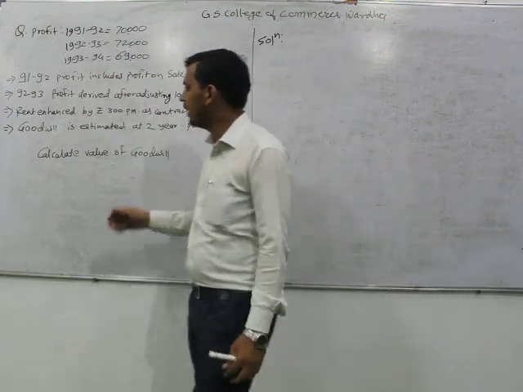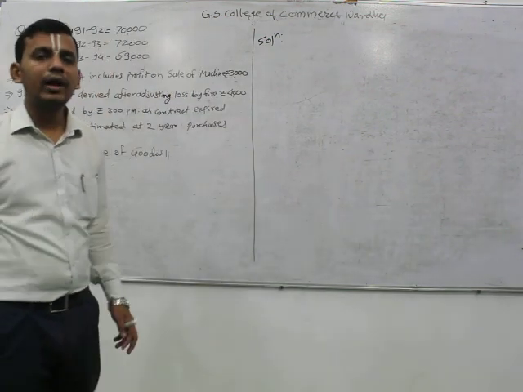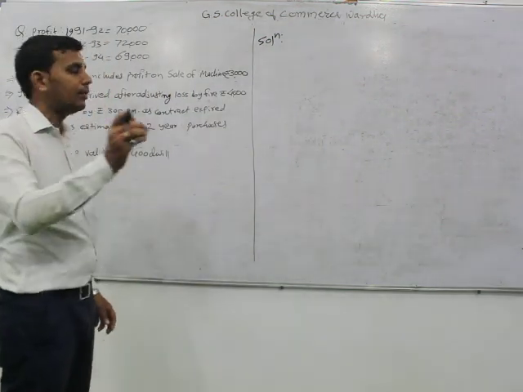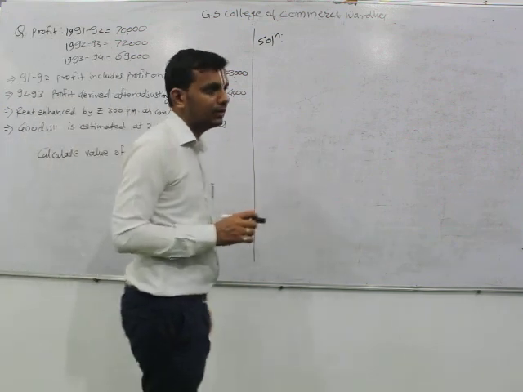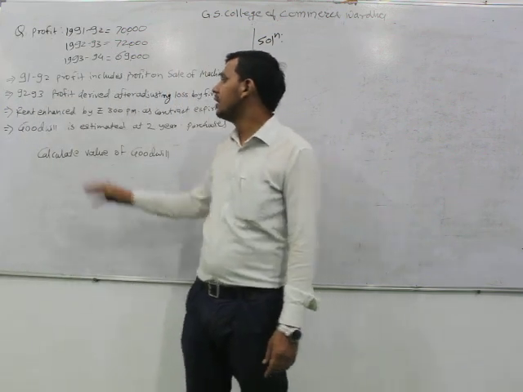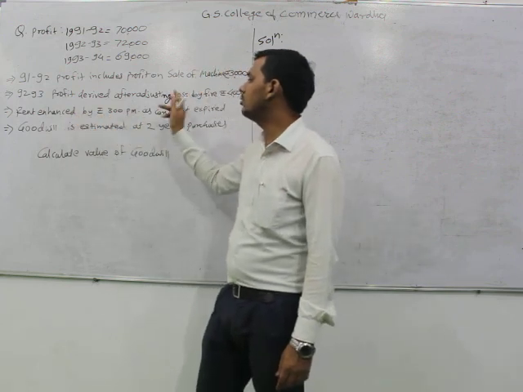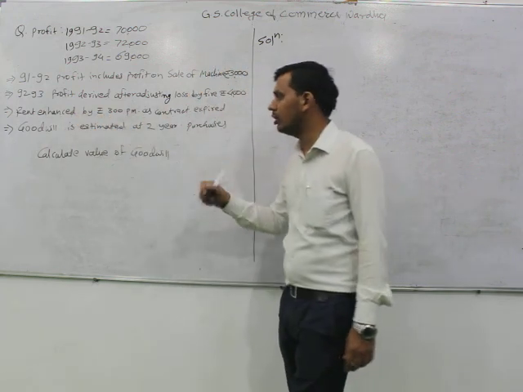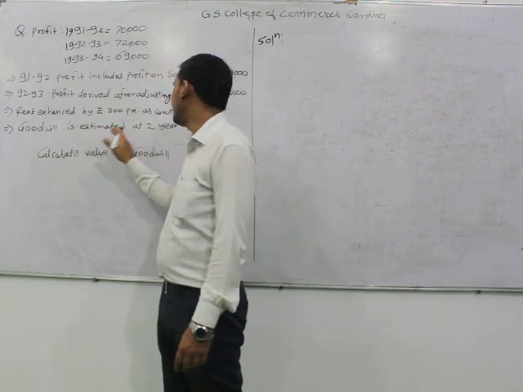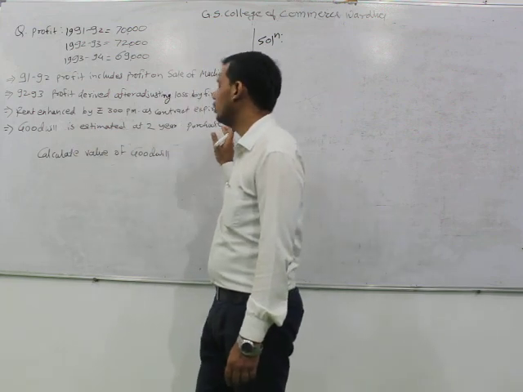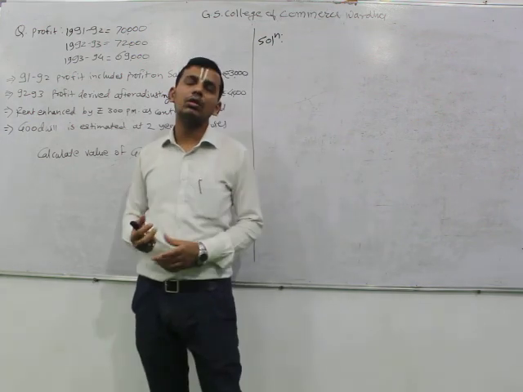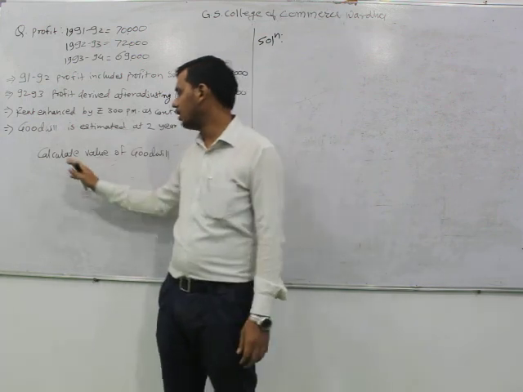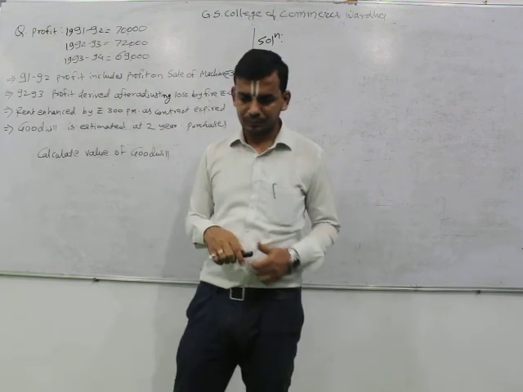Next, the rent contract of our company, that is the tenancy contract, has expired. That is why there would be a rent enhancement of rupees 3,000 per month, which is futuristic. Then goodwill is to be estimated at 2 years' purchase of profit. That is what is given in the question. On the basis of this information, we are asked to calculate the value of goodwill.